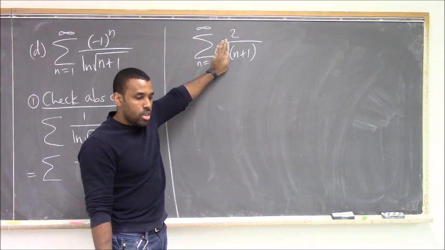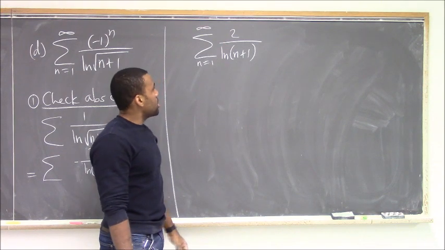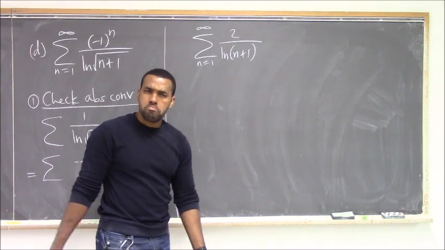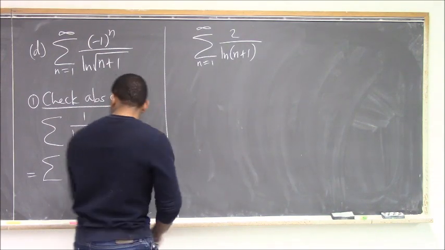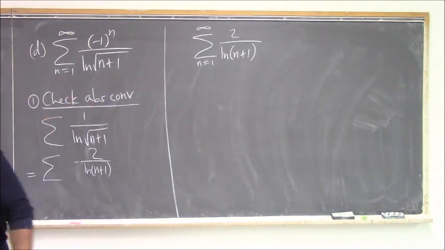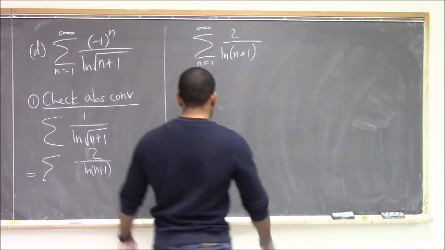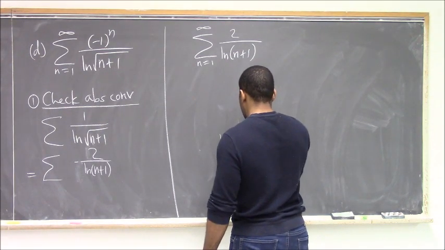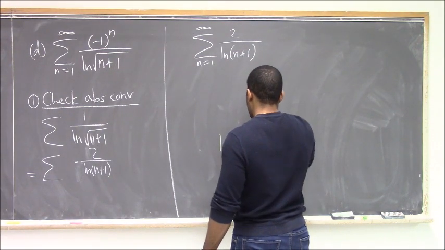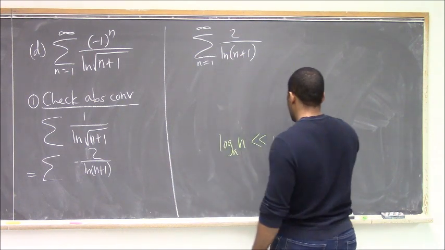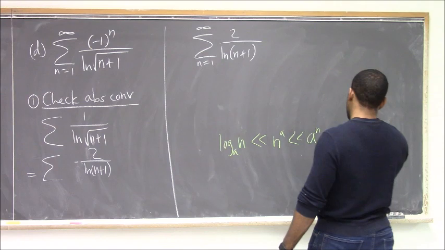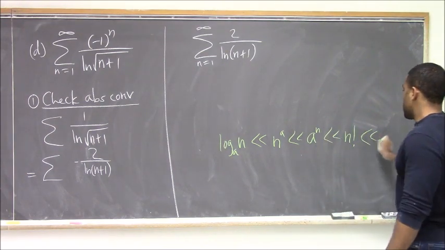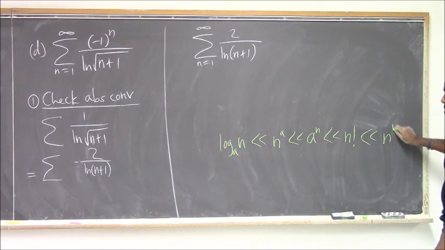So now you want to think about, well, what would happen if I remove the ln? Well, we kind of know what would happen, don't we? By a relationship that we had earlier, logarithms are smaller than polynomials, smaller than exponentials, smaller than factorials, smaller than the variable exponentials.